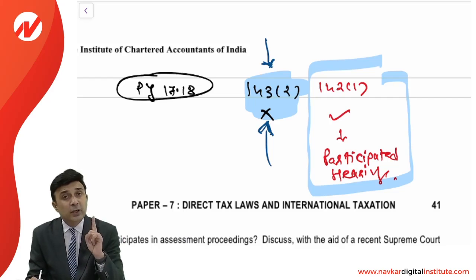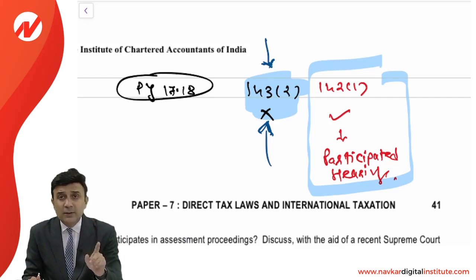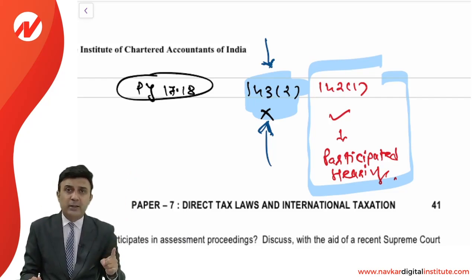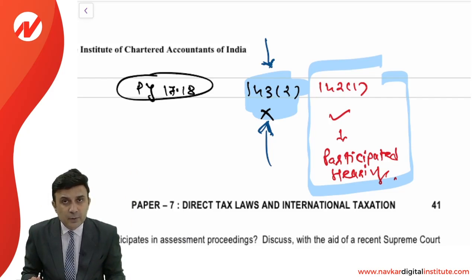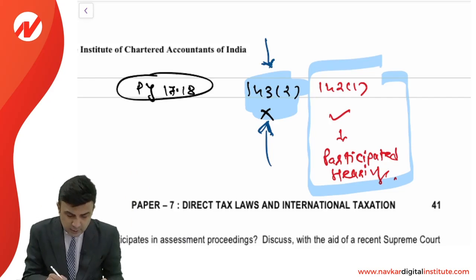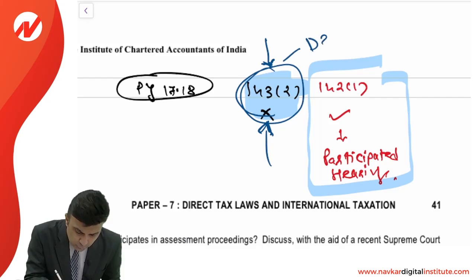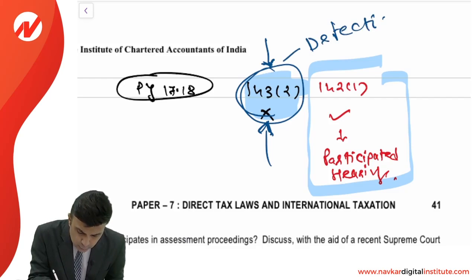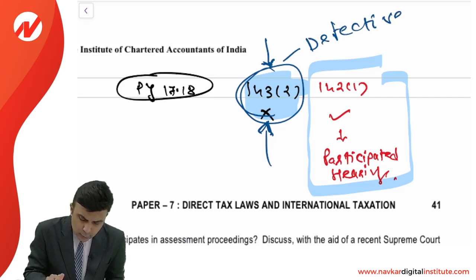If the notice is not served, that is not a curable defect under 292BB. If the notice is served and that notice is defective, it is curable. Notice must be there.